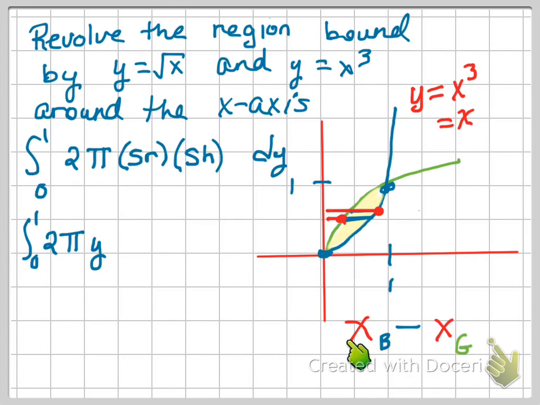That's basically what my shell width or height is going to be. It's going to be this distance minus this distance, x on the blue curve minus x on the green curve. So x on the blue curve is the cubic function. Guess I should write that in blue.